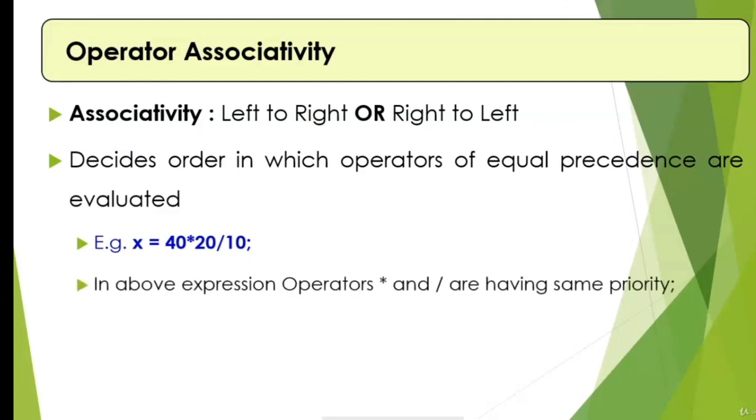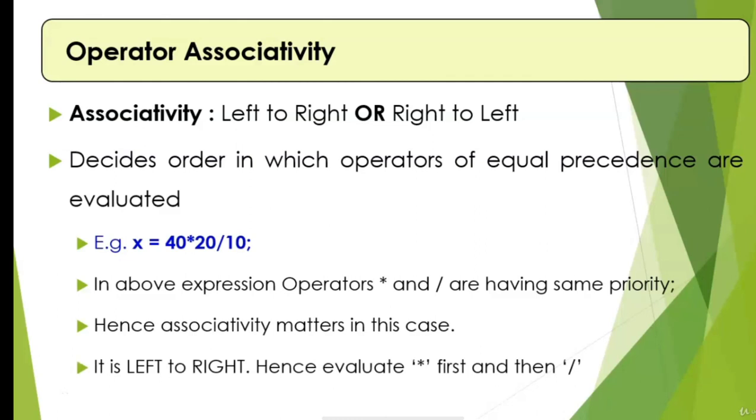In the above expression, star and divide both have the same priority. Hence, associativity matters. In this case, the associativity is left to right, and that's why I apply multiplication first and then do the division. So thus, associativity is helpful to us when we are dealing with operators of the same priority.